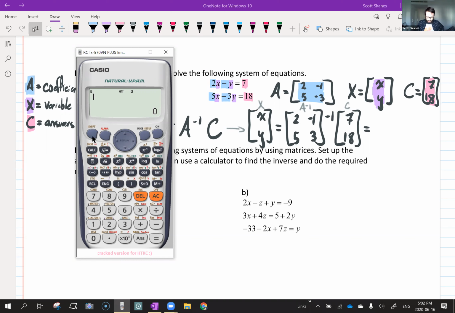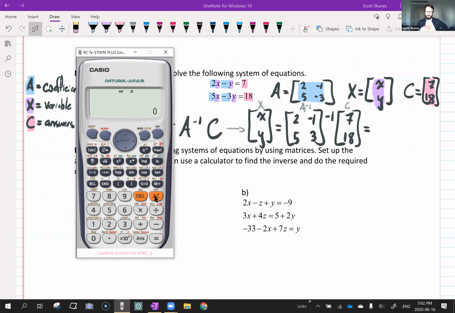Remember the weird trick? I need to go to dimension and then put in my new matrix. This is called C. So matrix C, that's number 3. It's a 2 by 1. That's 6. Now it's a column. C is 7 and 18. I'll save that with AC.